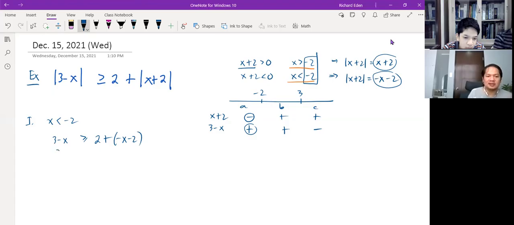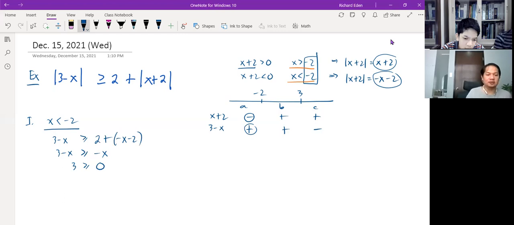3 minus x greater than or equal to negative x, which means 3 is greater than or equal to 0. What this means is that for condition number 1, x less than negative 2, there is no other restriction that needs to be imposed because 3 is greater than or equal to 0.